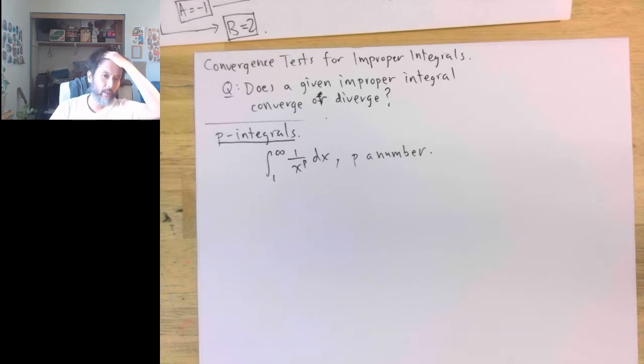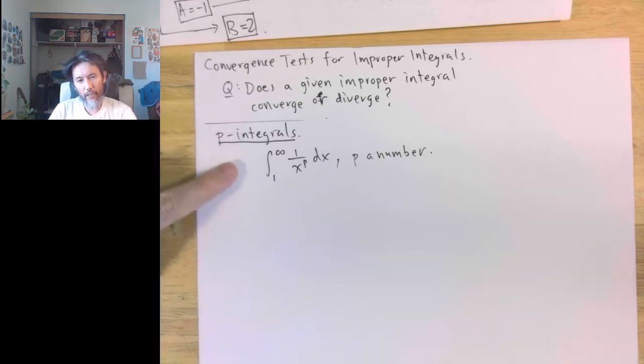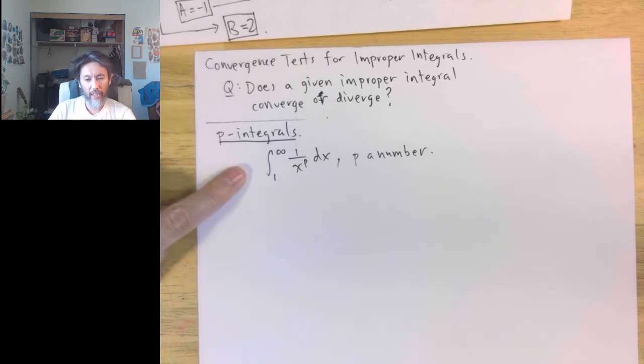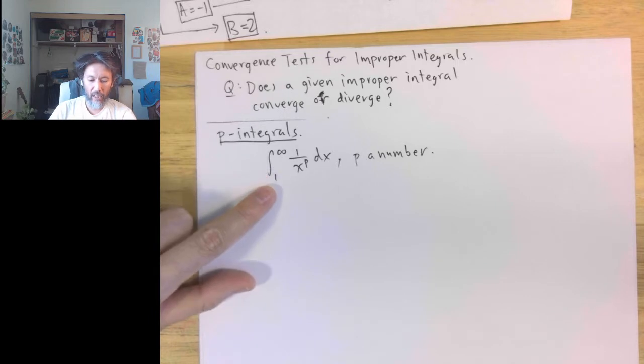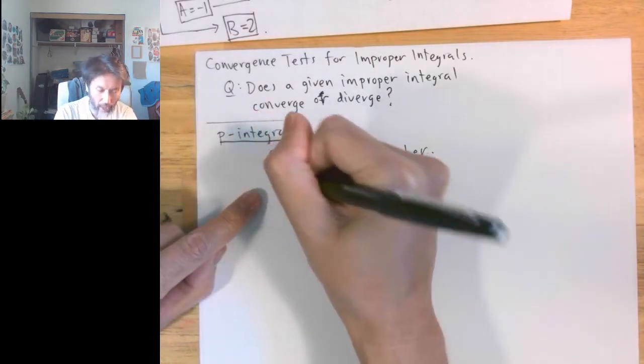Oh, let me back up actually. This definition as written is a little bit too restrictive. Let's make it less restrictive by, instead of requiring this lower bound to be 1, saying that the lower bound is a.